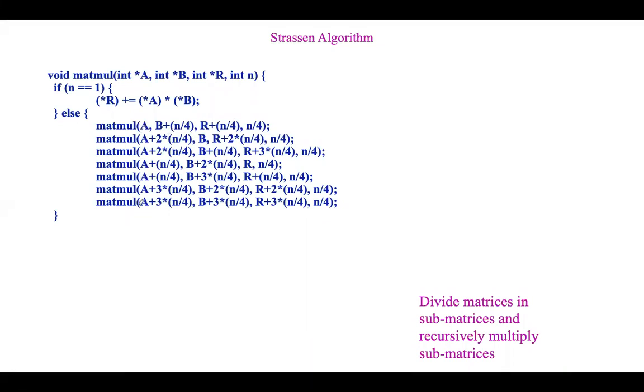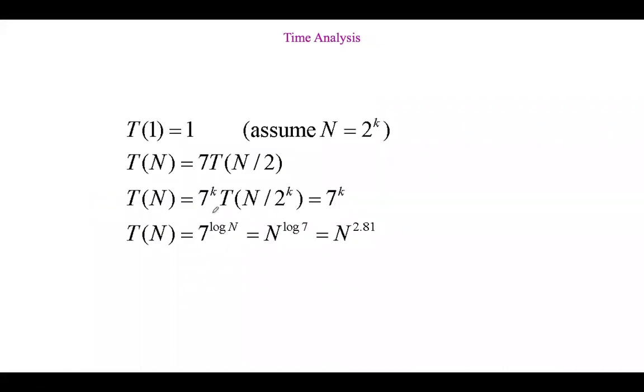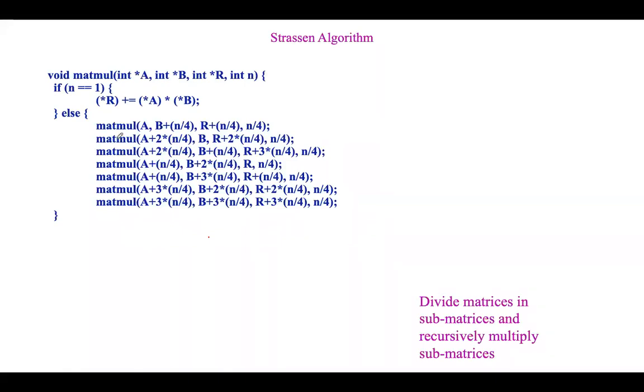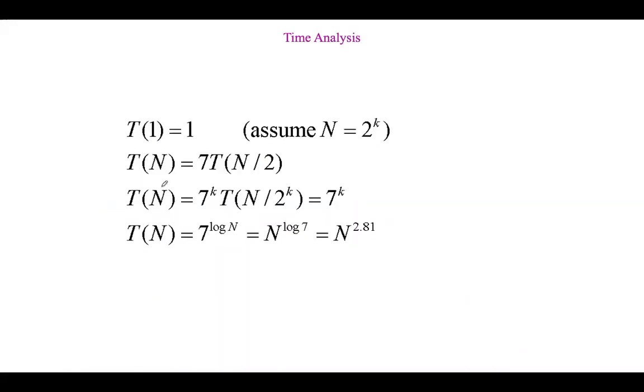If you derive the time complexity for Strassen matrix multiplication, it will be somewhat like this. 7 times the basic operation will occur, that is 7 T of n by 2.